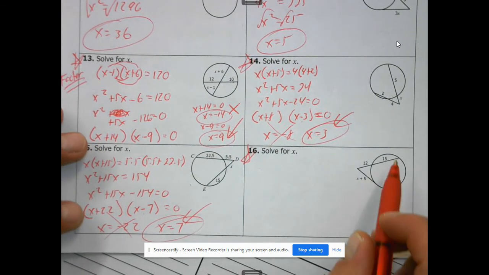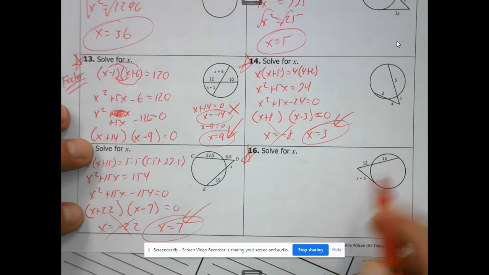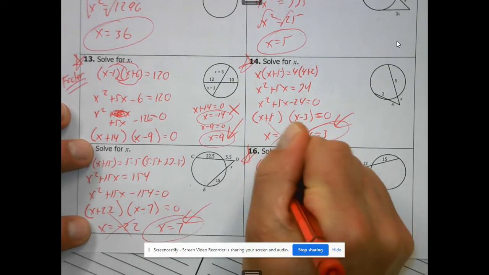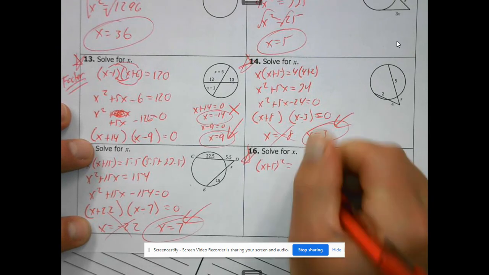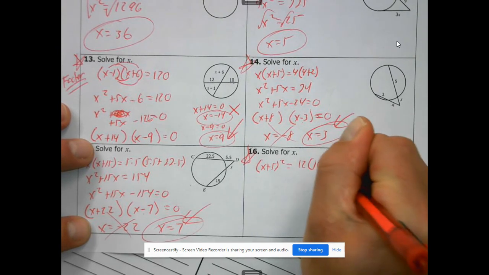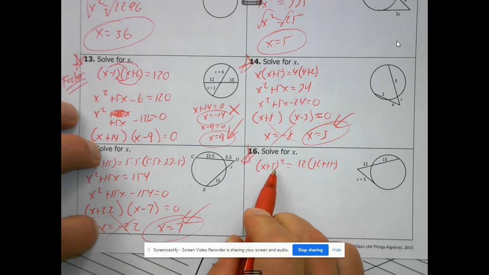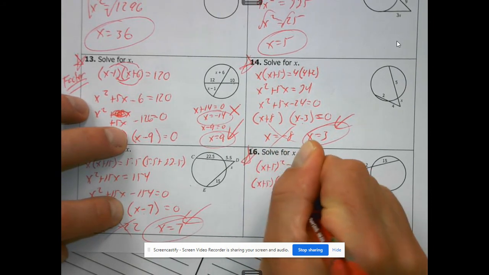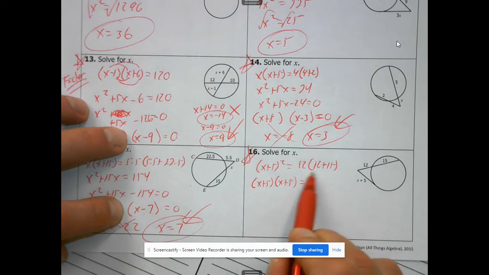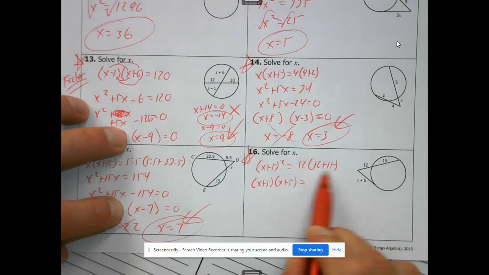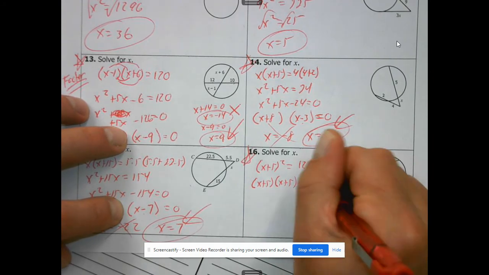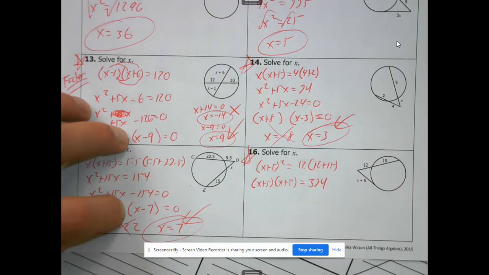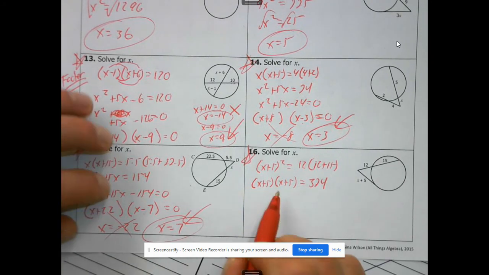16. Last one. Tangent line, right? Got to square it. X plus 5 squared equals 12 times 12 plus 15. Remember, this is really x plus 5 times x plus 5. Type all that stuff in. That gives me 324. Okay.